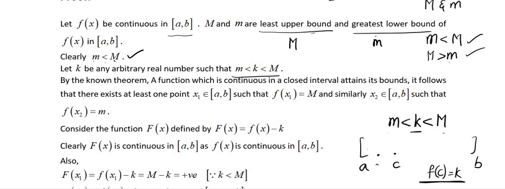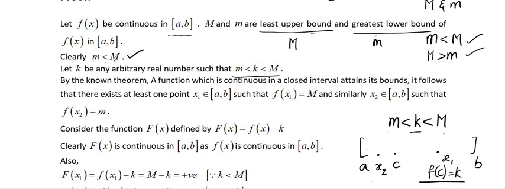The value of f of x1 is capital M, the value of f of x2 is small m. Small m is always less than capital M.